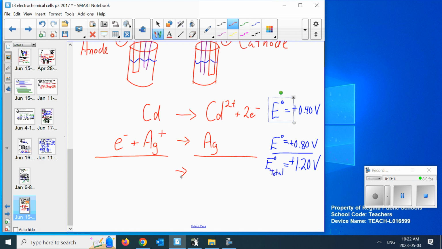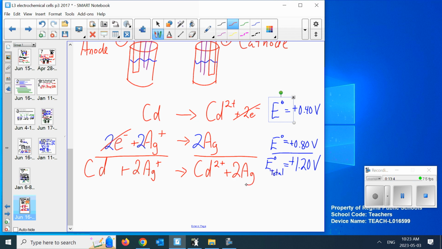Balancing this, because there's no oxygen or hydrogen, we just skip to the electron step and say we need 2 electrons here, so we're going to get 2 silver ions. When I add it up, the electrons cancel: Cd + 2 Ag+ gives Cd2+ + 2 Ag.